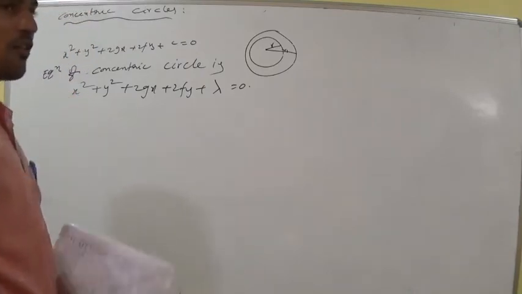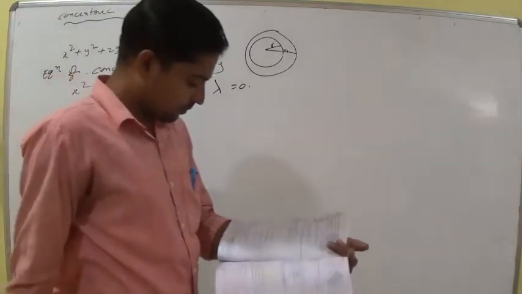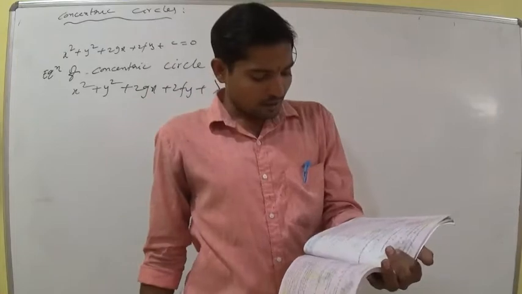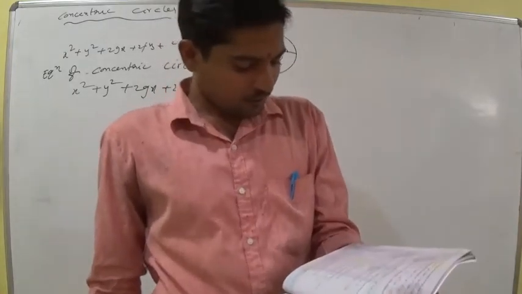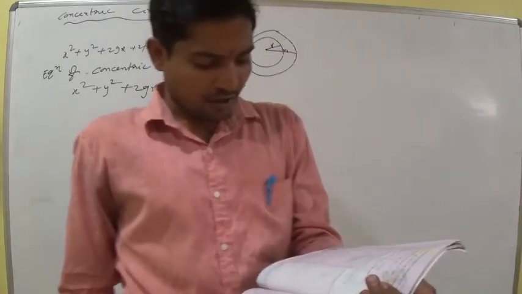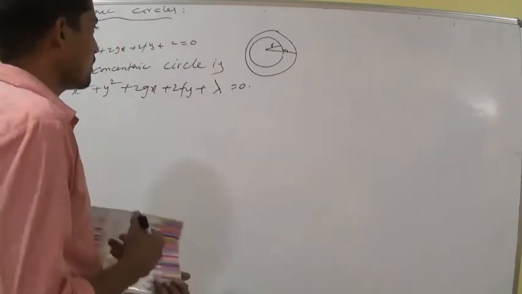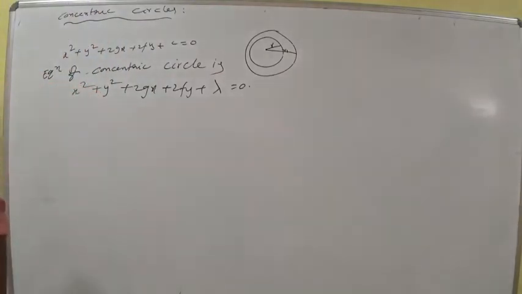Next, the equation of a circle described on the line segment AB as a diameter.